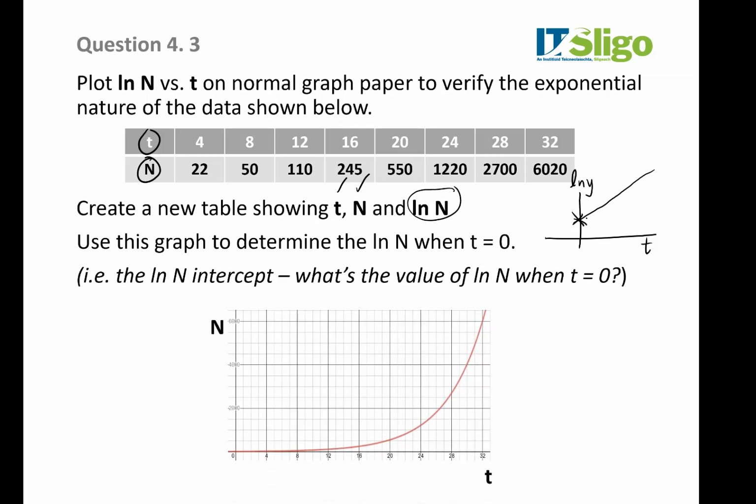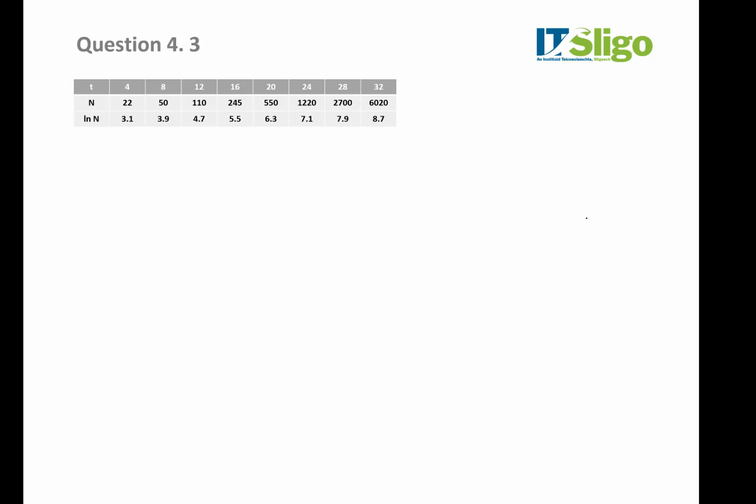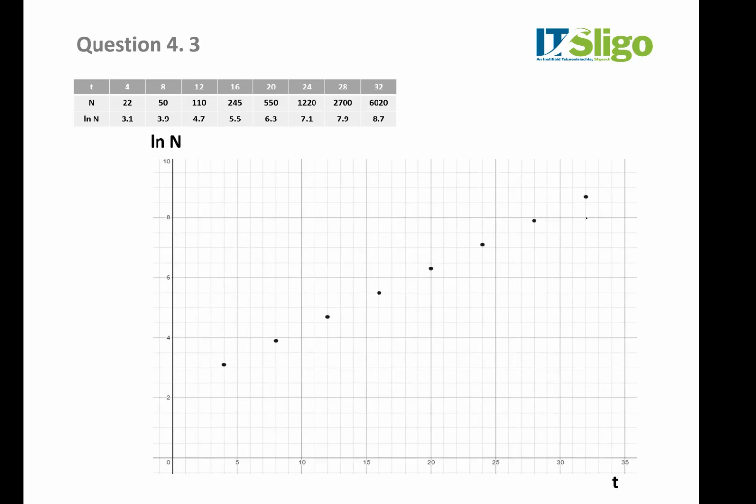So it's very hard to get any information from that curve, just plotting n versus t. But now again, here's my points. 4, 3.1, etc. Then this point here, I won't write them all in obviously because it gets very tedious.